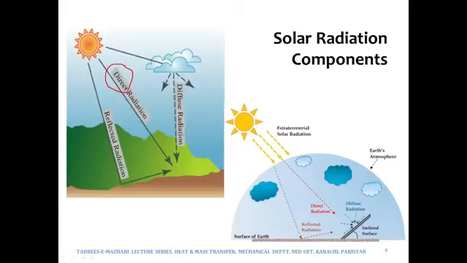Diffuse radiation is one which gets scattered. It was going somewhere else, and when it hit the clouds or suspended particles in the air, its direction was changed, and then it ultimately reached this surface. That radiation is called diffuse radiation.